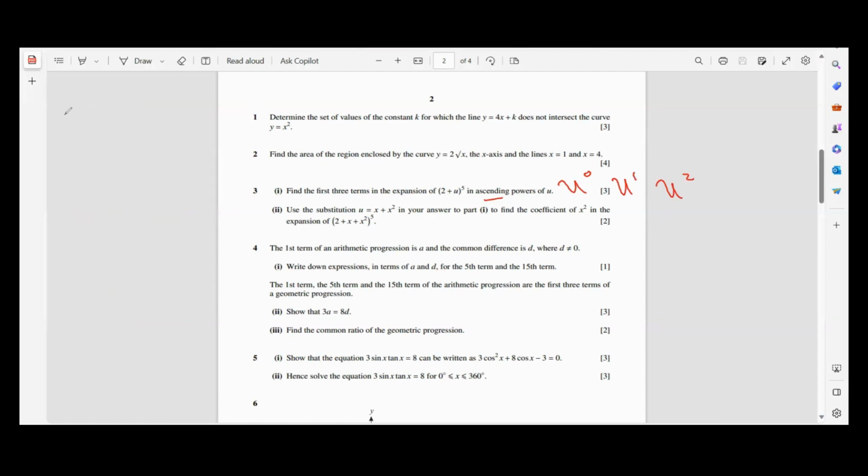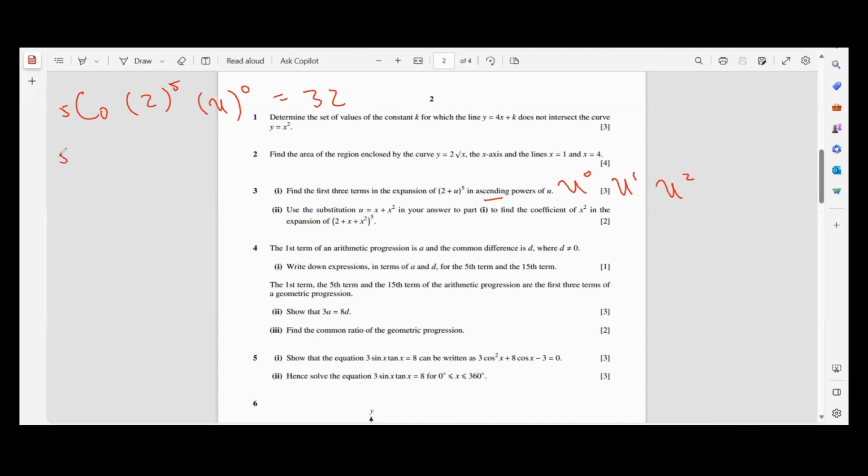So okay, I will put n, it is 5, n combination r, we just leave it first, and then this is 2, and then this is u. So u to the power 0, so this is 0, this is 5, and here I will get 5 combination 0, so it's 32.